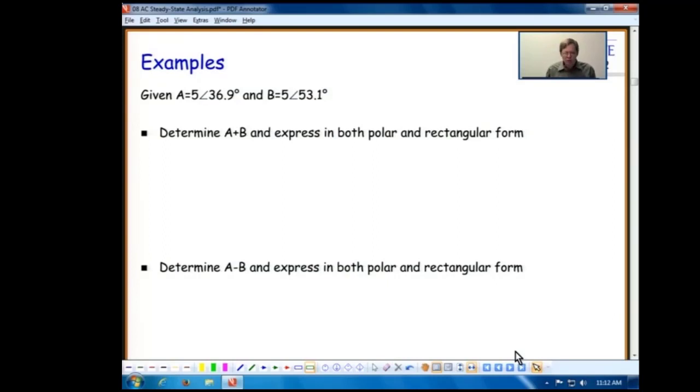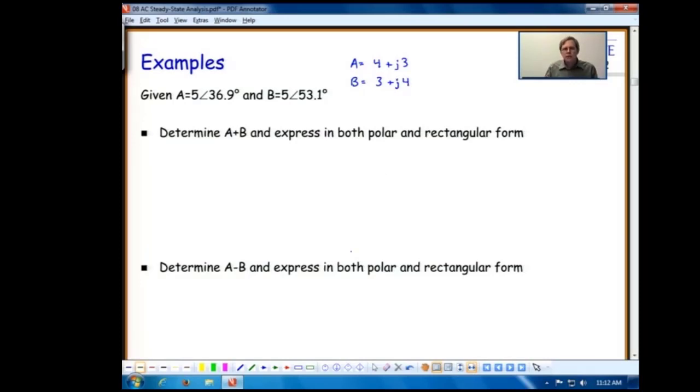So my first step here should be to convert each of these numbers. So I'll convert A. We did that example before. It turned out to be 4 plus J3 in rectangular form, and B turned out to be 3 plus J4.